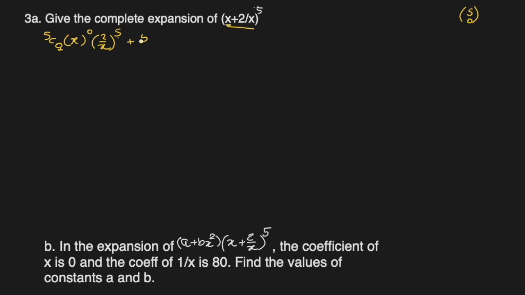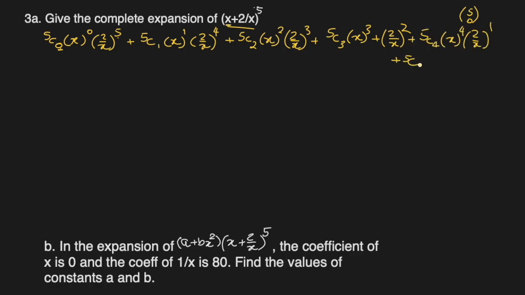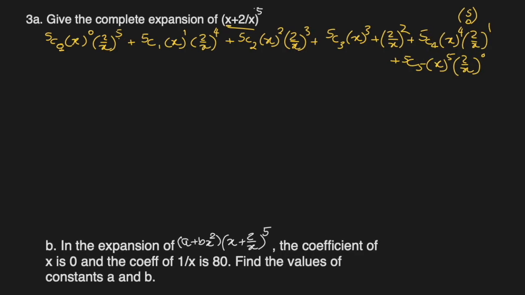Next term will be 5c1, it will increase by 1, so this will also increase by 1, but the exponent of 2 over x will go down by 1. So their sum has to be 5 all the time, and this is how I'll continue this. And now simply we will expand them one by one.